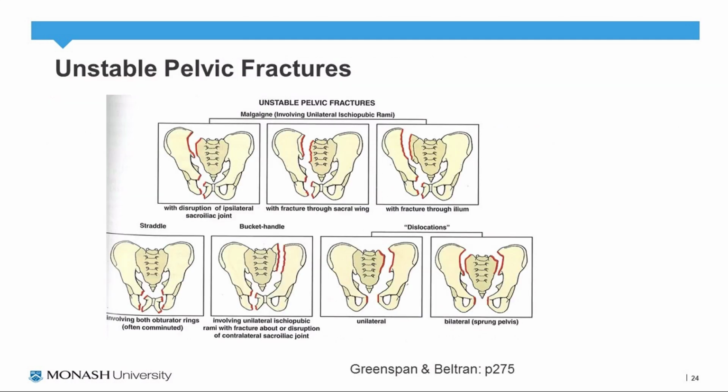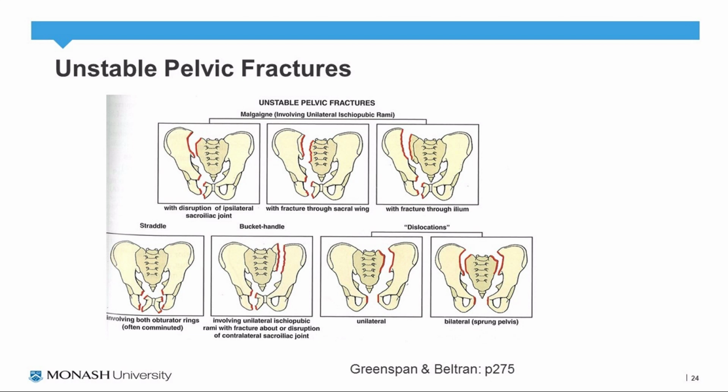Malgaigne has a classification of unstable pelvic fractures, and these involve unilateral ischiopubic rami with disruption also of the SI joint, and then fractures through the sacral wing and the pubic rami, or fractures through the ilium. The straddle fractures involve both of the obturator rings, and they tend to be often comminuted.